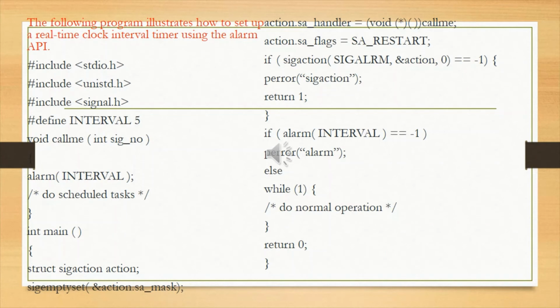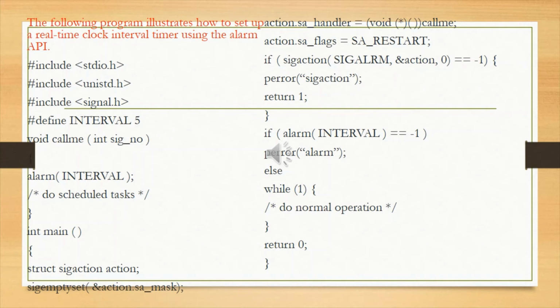The setitimer resolution time is in microseconds, whereas the resolution time for alarm is in seconds. The alarm can be used to set up a real-time clock timer per process.